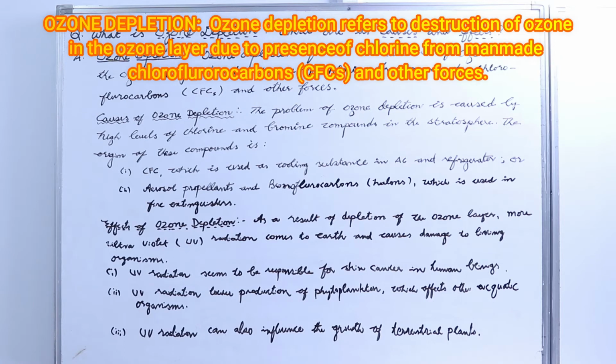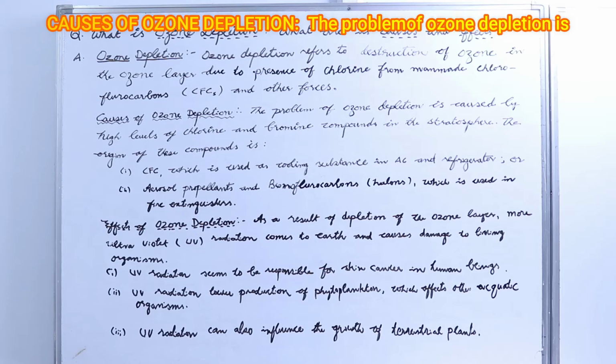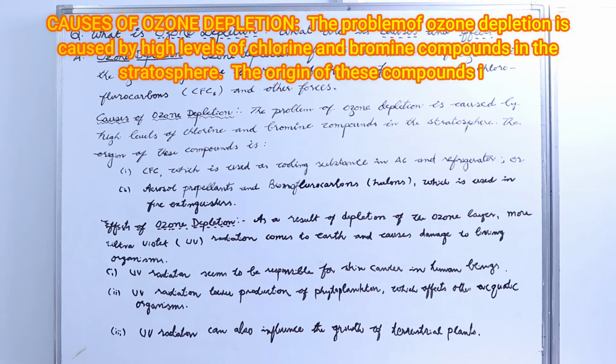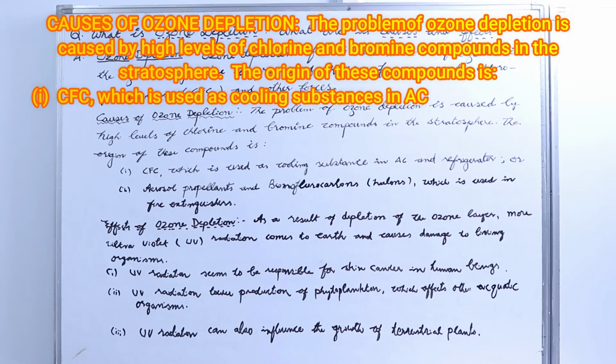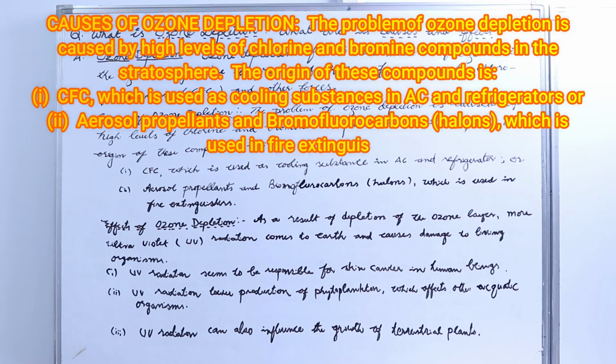What are the causes of ozone depletion? The problem of ozone depletion is caused by high levels of chlorine and bromine compounds in the stratosphere. Where do we get this chlorine and bromine? CFC, which is used as cooling substance in air conditioners.